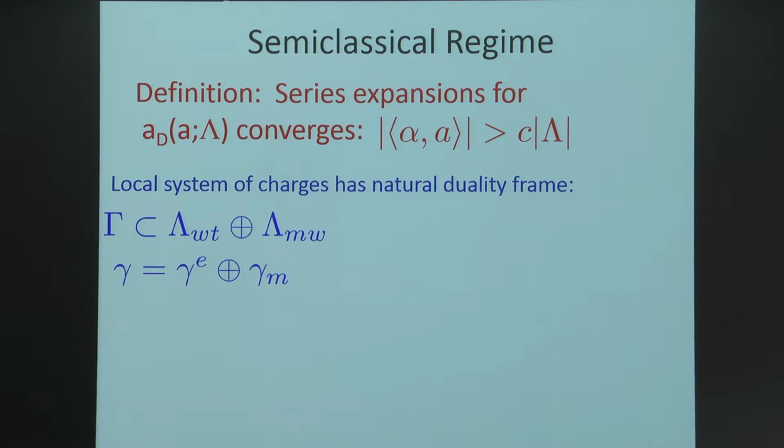And in this region, the local system of electromagnetic charges has a natural duality frame. There's a natural way of saying that an electromagnetic charge gamma has an electric charge in the weight lattice and a magnetic charge in the magnetic weight lattice, except, of course, I've lied.